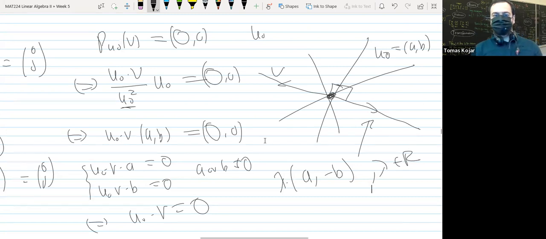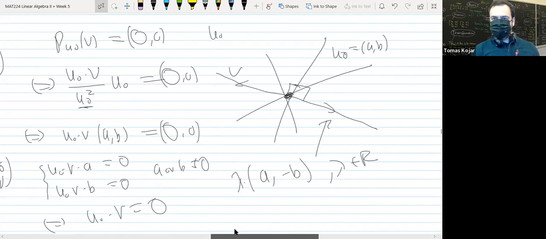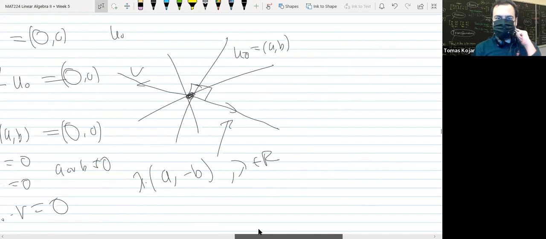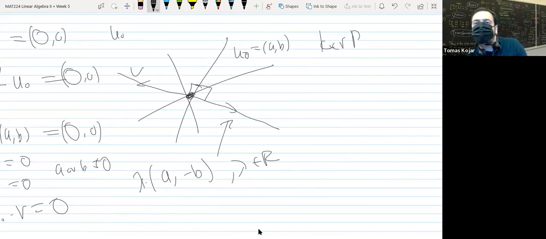All right. So let's go slower. Let me write it out. So the kernel of P_U0 are all the V's so that the projection of V is the origin.